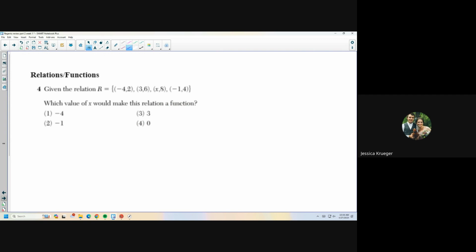Okay, so here's what we're looking at. The next thing we're reviewing is functions, and a couple big important ideas with functions. In order for something to be a function, each x maps to exactly one y.